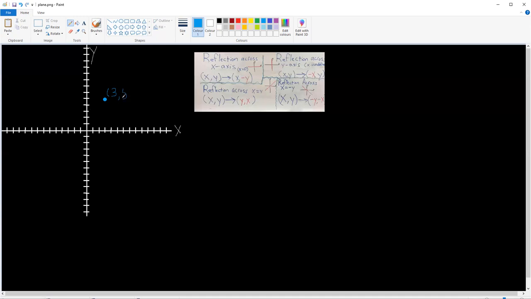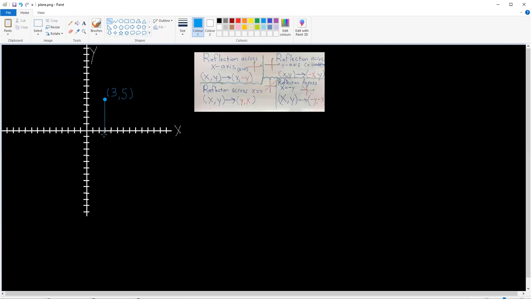So this point is (3, 5). As we approach the midpoint, which is the axis, it becomes (3, 0). I'm sorry, it's late.